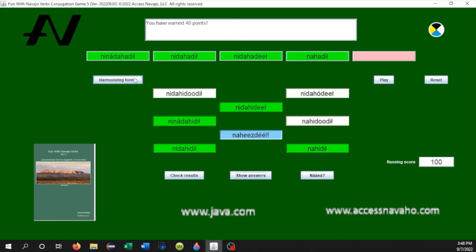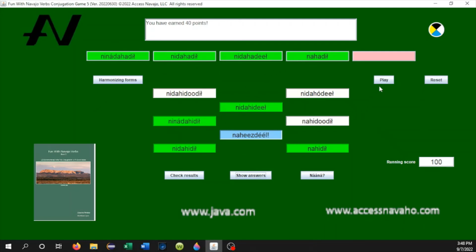Now, you'll notice that down below, this is a non-harmonized form, but up above it has switched over. Once we check results, it's switched over to the harmonized form. So that h changing to ha, that's harmonization. It picks up the vowel from the syllable to its left. Okay? So all of these forms have harmonized here.